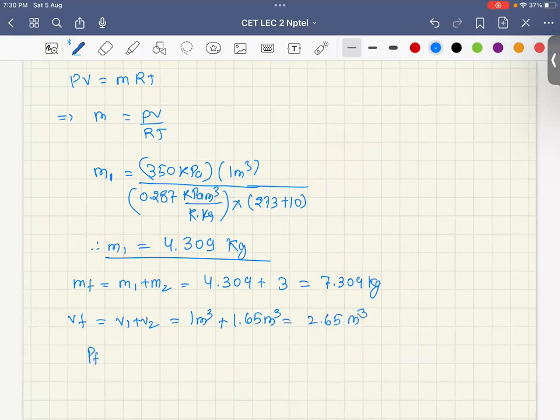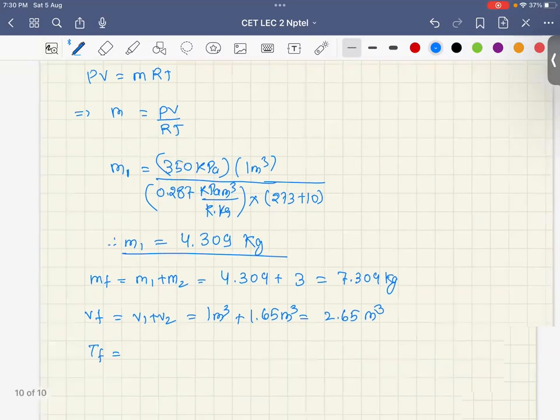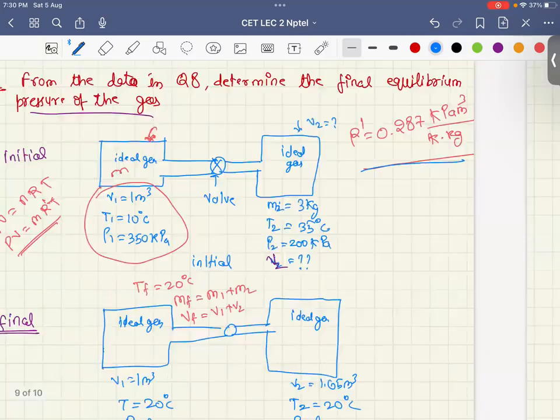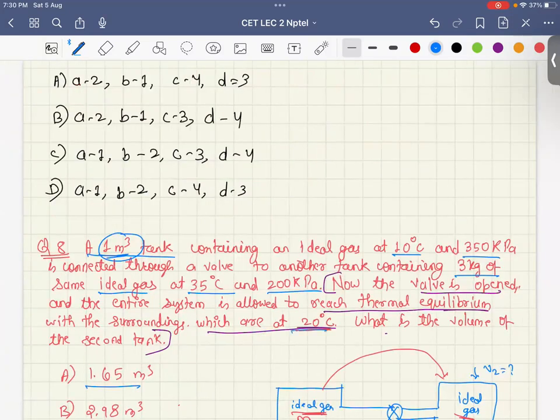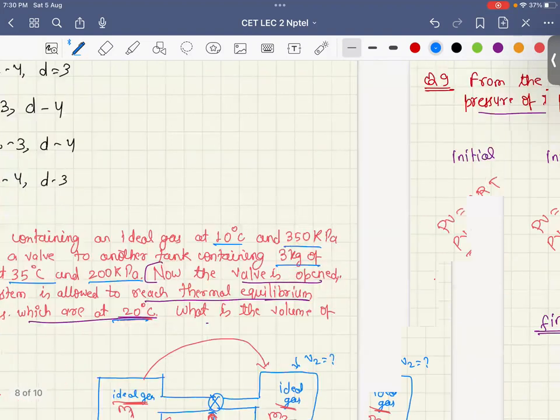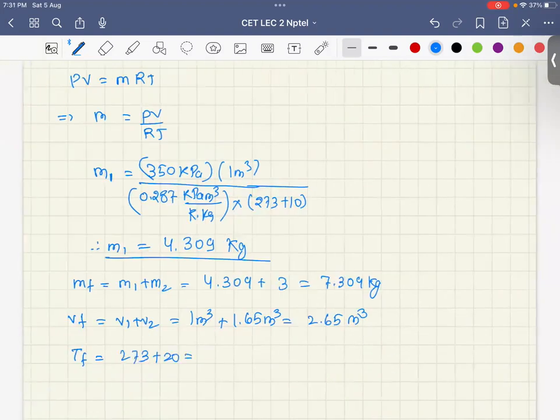So now PF and TF: TF is given as 20 degrees centigrade. So 273 plus 20, which is 283 Kelvin.